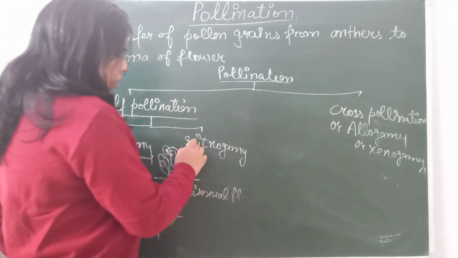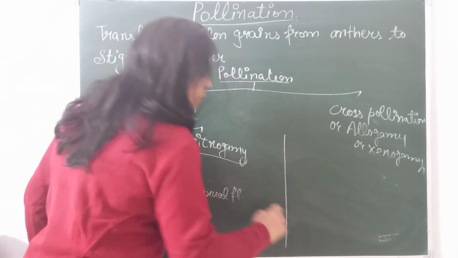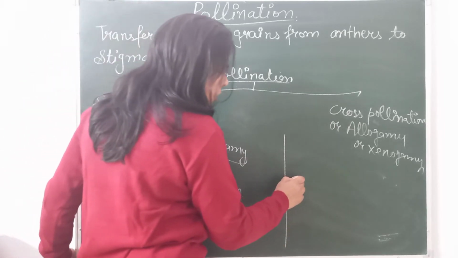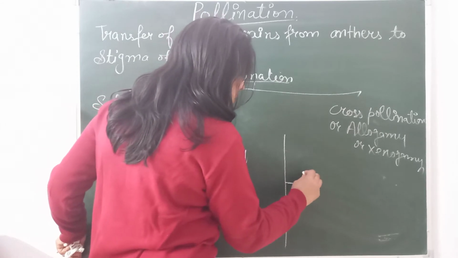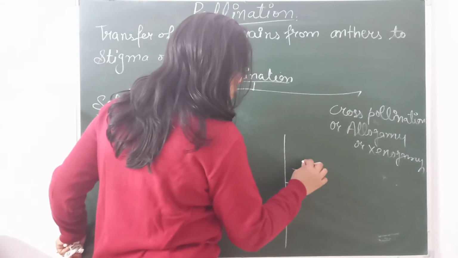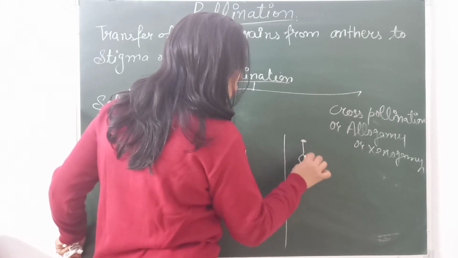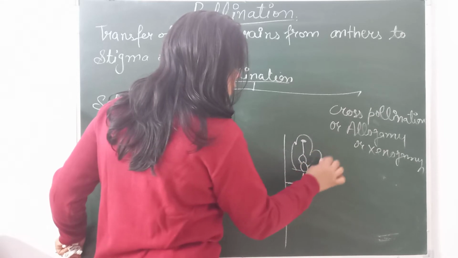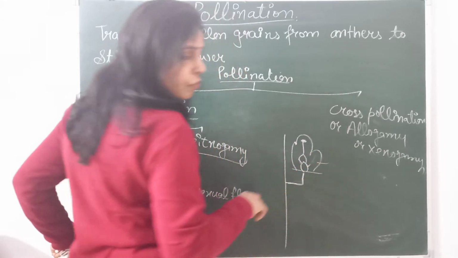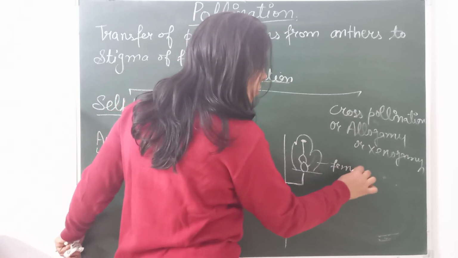Okay. Now what is geitonogamy? Suppose I have this plant, with one flower here: stigma, style, ovary. Suppose only the female reproductive part is here, that is, it is the female flower.